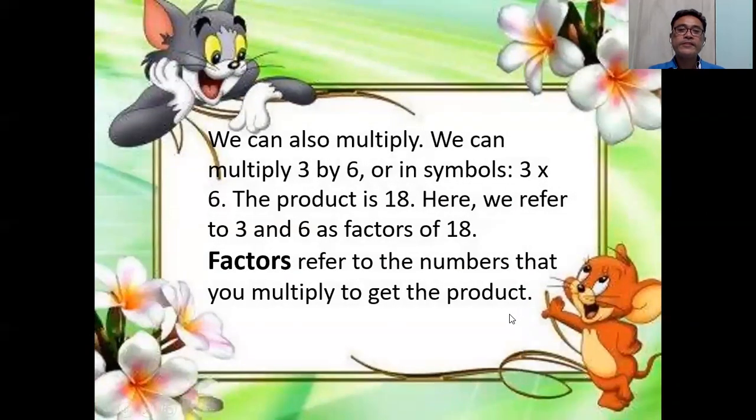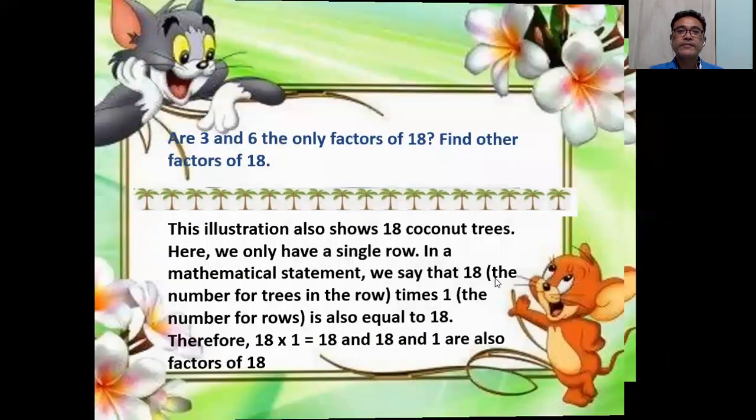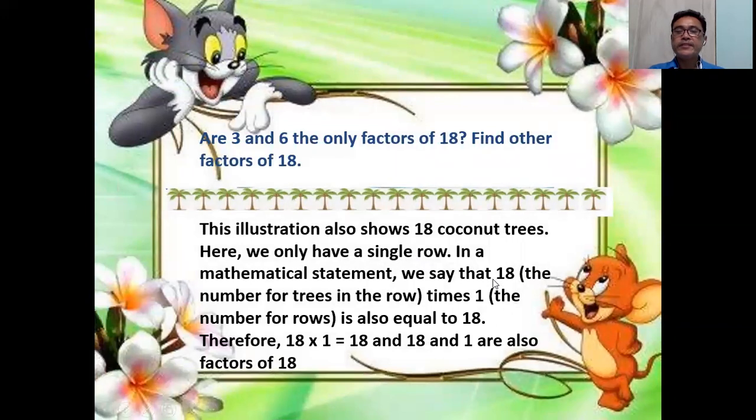We can multiply 3 by 6, or in symbols, 3 times 6, the product is 18. Here, we refer to 3 and 6 as factors of 18. Factors refer to the numbers that you multiply to get the product. Are 3 and 6 the only factors of 18? If your answer is no, very good.